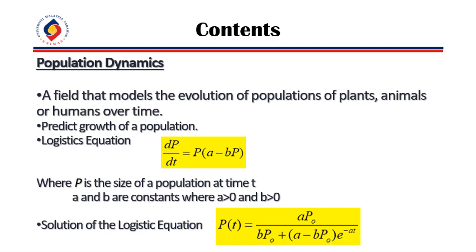Population dynamics is a field that models the evolution of the population of plants, animals, or humans over time, and we predict the growth of a population. A differential equation can be used to represent the size of a population over time.